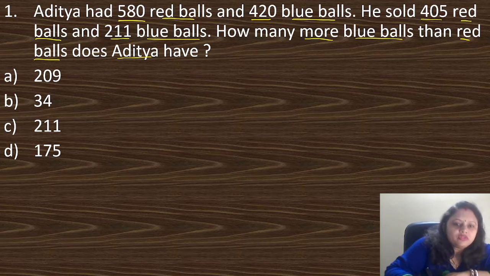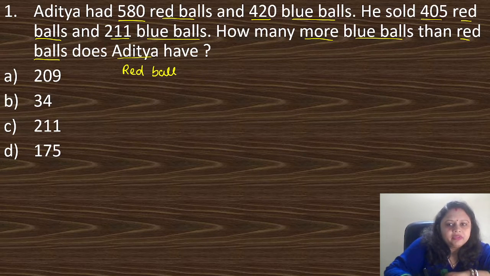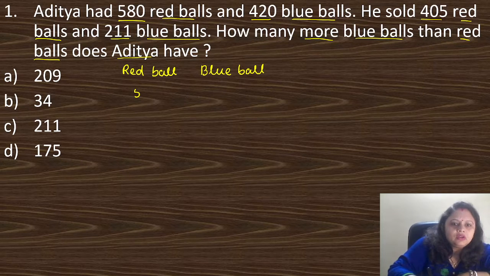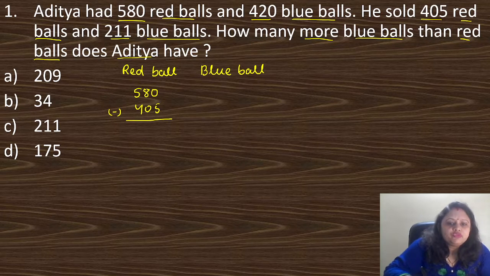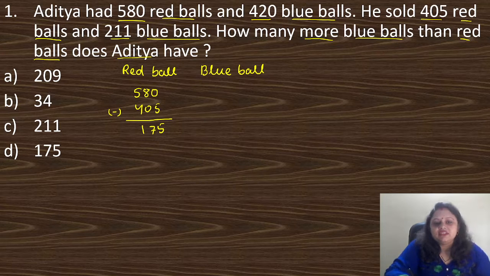Here, number of red balls and here number of blue balls. The number of red balls was 580 and he sold 405. So how many red balls is he left with? Here if we subtract, we will get 175 red balls.